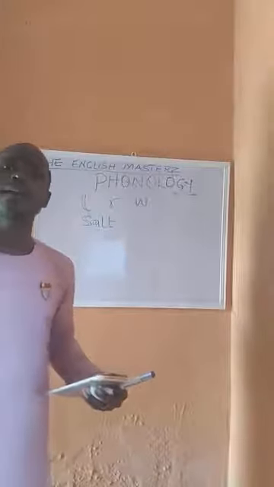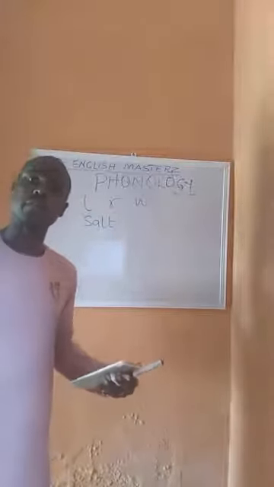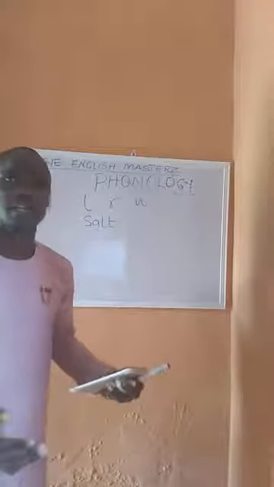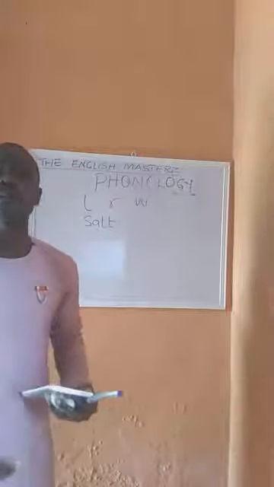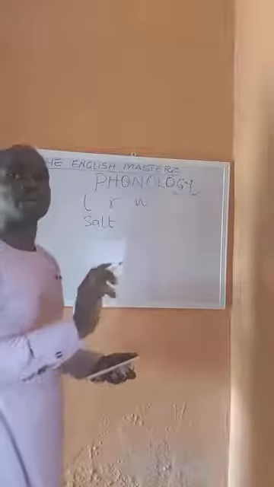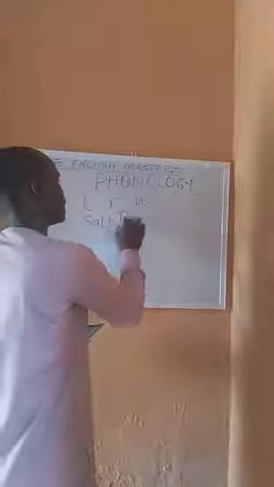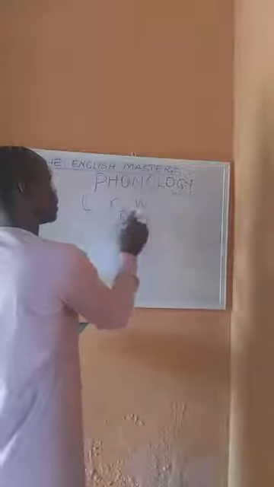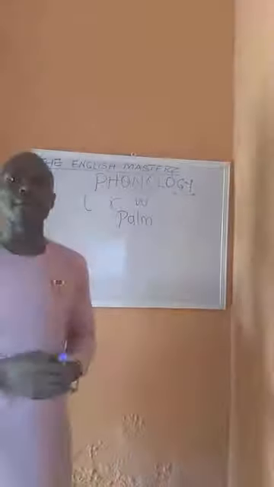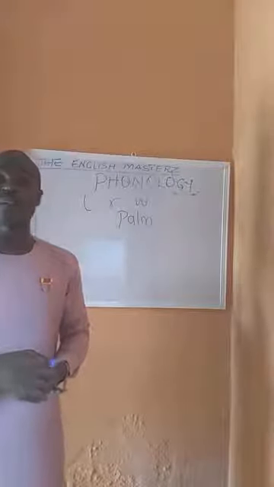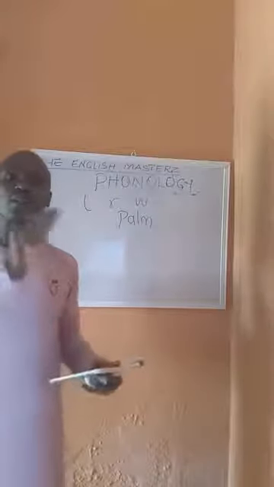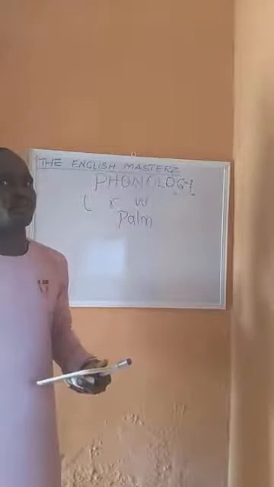But the letter L in another case appearing after A produces another sound different from the O sound. And what is that? Example is palm, P-A-L-M. You get it right? Palm. This time around, it is not the short A sound. It is the long A sound.